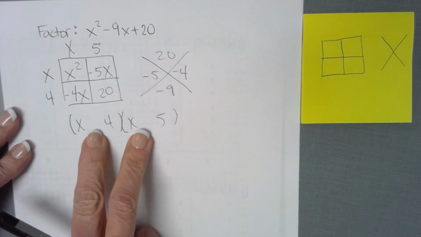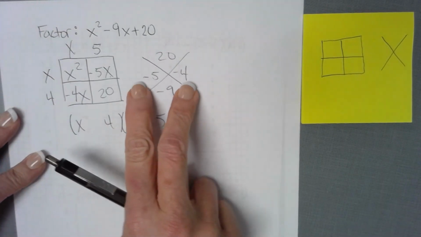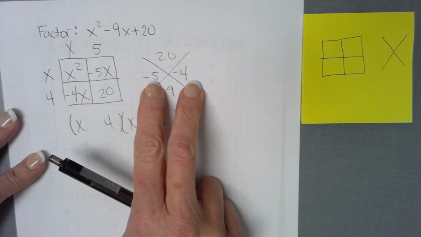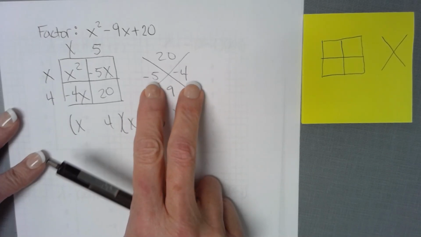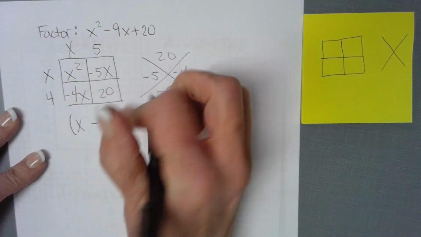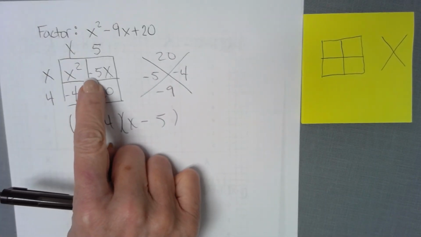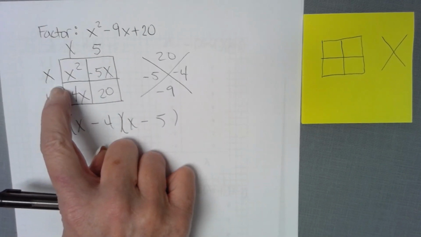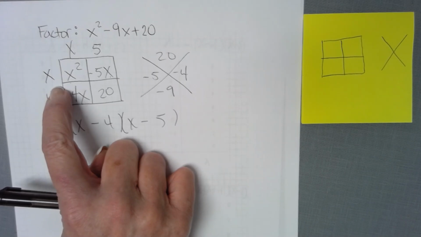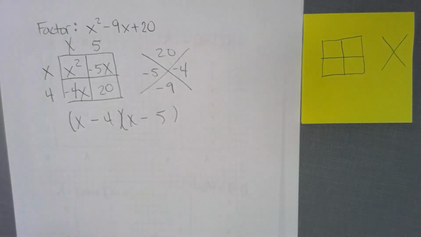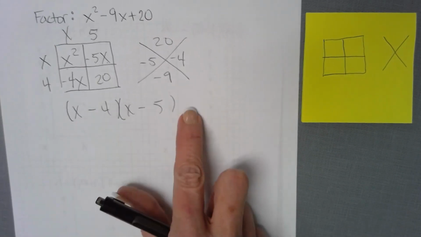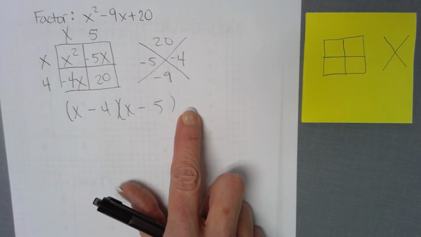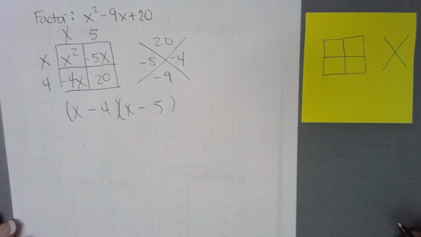I don't know what signs go here, but when I look here, what were my signs? Negative. What I'm worried about, y'all, is if you get in the habit of seeing a negative and pulling it out here, when we get to some of those problems I just did, you're going to have the wrong signs. But there's your answer. And the x minus 4 can be in the back. It doesn't matter. All right, let's try another one.